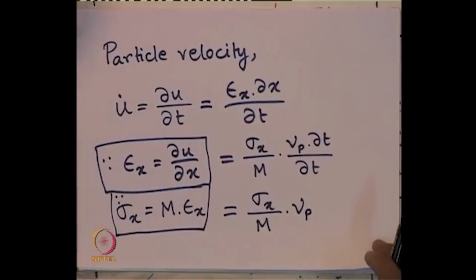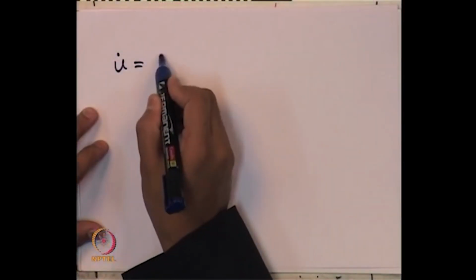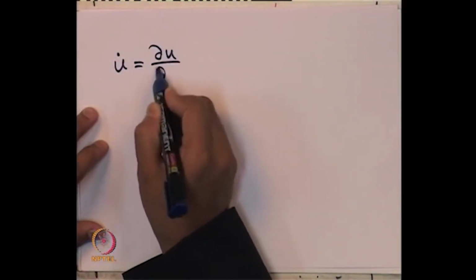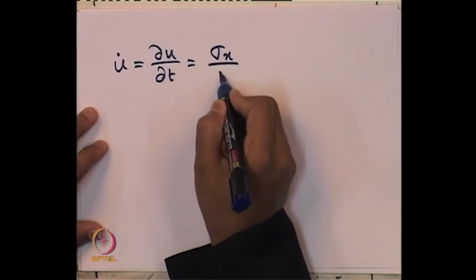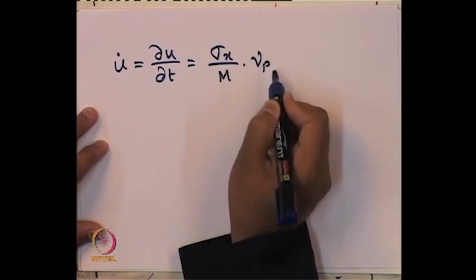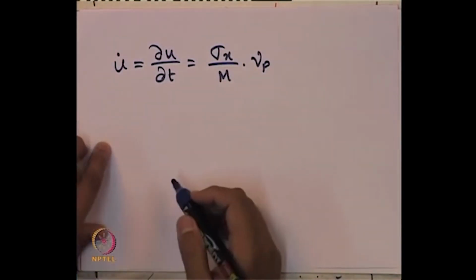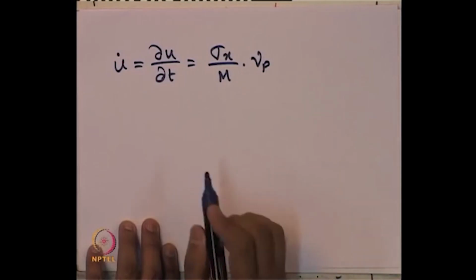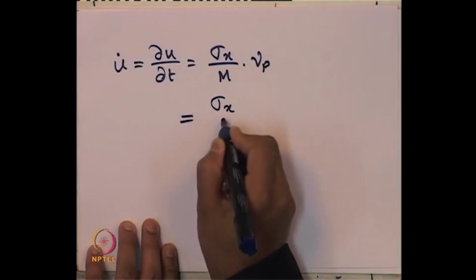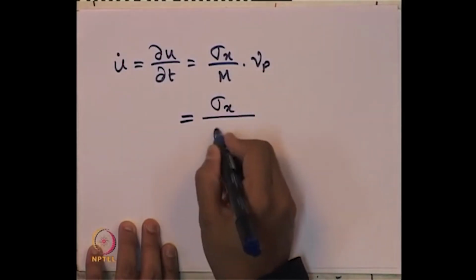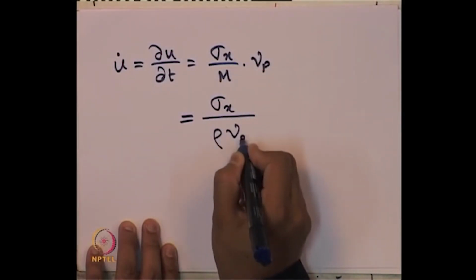Now, let us see how I can simplify it into a simple form. The particle velocity we are talking about, del u del t, now became sigma x by M times V p, which I have already derived in the previous slide. Now, I can further write this as sigma x by rho times V p square.